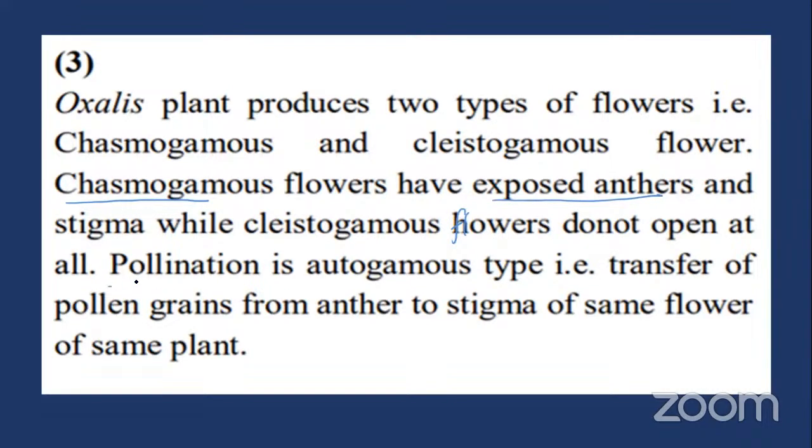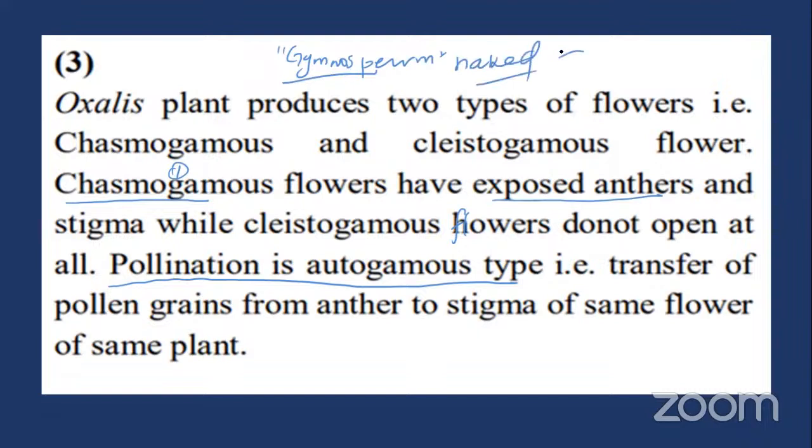This is the point. In Oxalis, 2 types of flowers are present. One is chasmogamous, where the flowers expose their stigma, just like a gymnosperm, which also has naked seeds. They expose their stigma, style and ovary in the atmosphere. Such a flower is called chasmogamous.